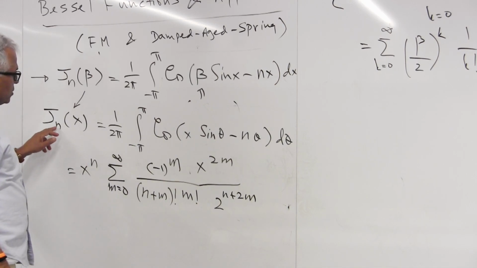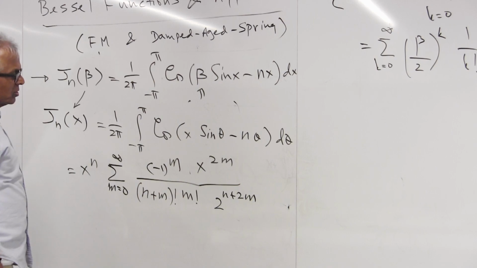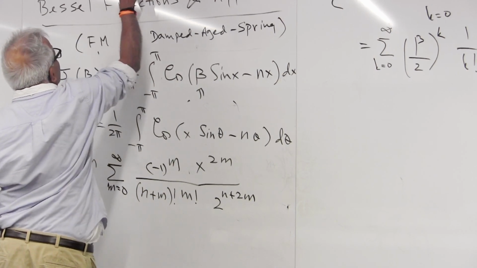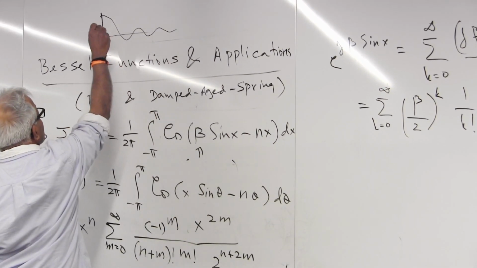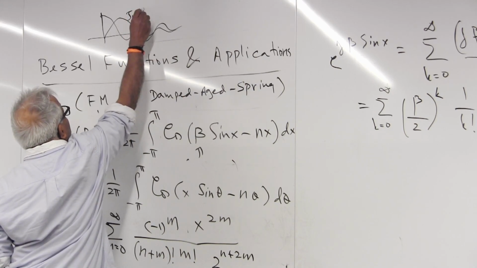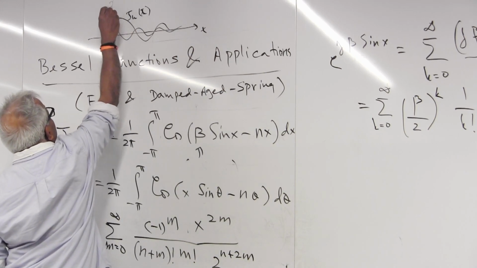When n is any other integer, the value at origin is 0. So the Bessel functions show oscillations, you can see from here, everything else will start at zero. This is Jk of x, and this is J0.